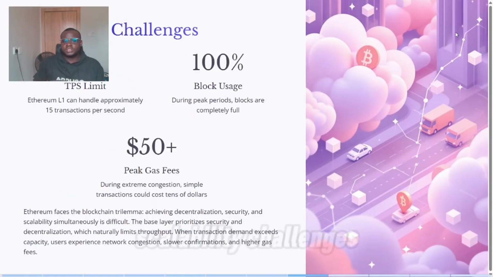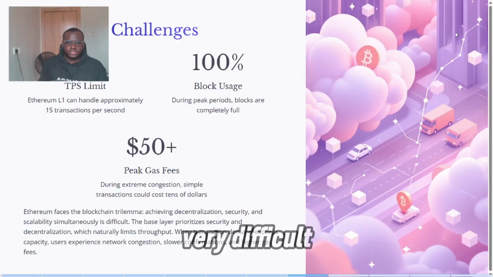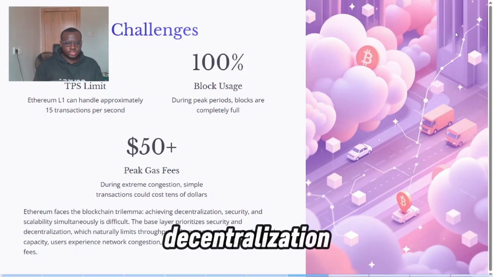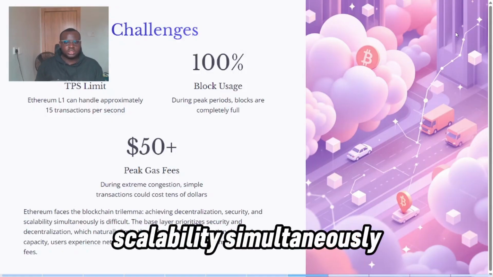So what are some of the scalability challenges faced by Ethereum? Ethereum also faces the blockchain trilemma. We discussed this in the previous module. It is very, very difficult to achieve decentralization, security, and scalability simultaneously.